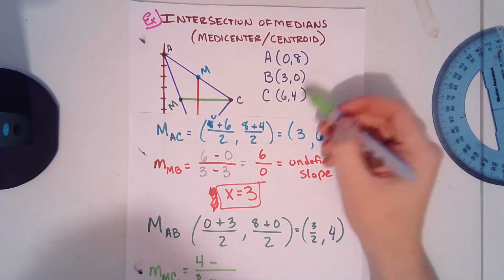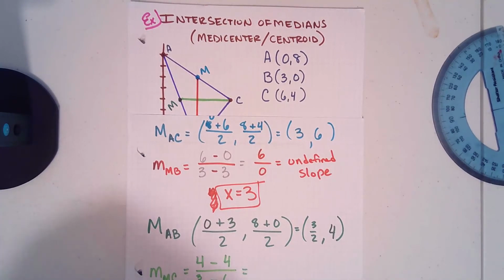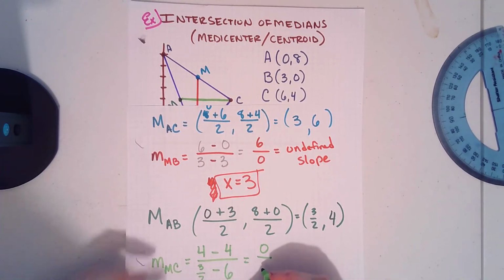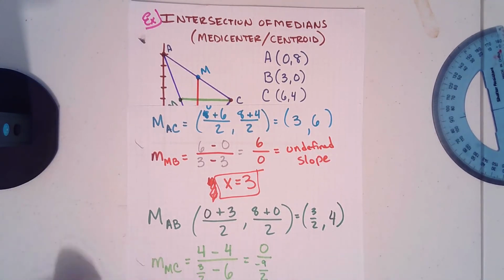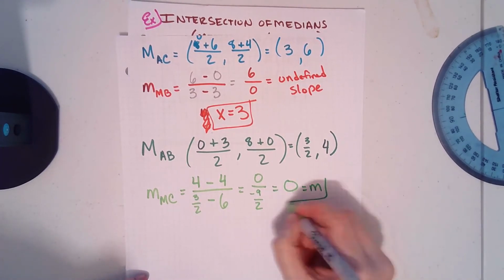The y for C is 4, and x is 6. So if we subtract those, we get 0 over 3/2 minus 6. There are 12 halves in 6, so 3/2 minus 12 halves is going to be negative 9 halves. All that matters here is that we have 0 over a fraction, which is 0. So our slope is 0.